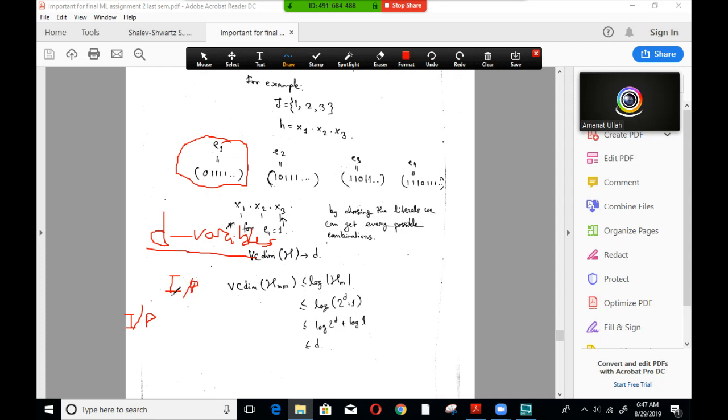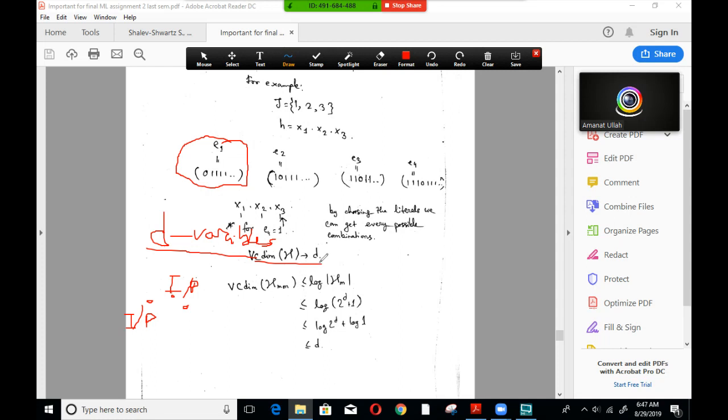So by assigning values you can classify 3 points if d equals 3, but you cannot classify 4 points. With this reasoning you can just write that the VC dimension is greater than or equal to d and smaller than d plus 1, so the VC dimension is d.